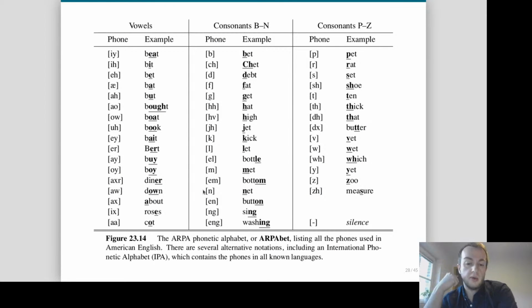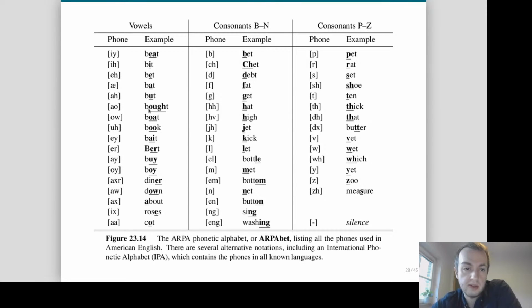Depending on the language, you may have different phonetic alphabets or phonetic dictionaries. You have languages in which you have some phones, but in other languages you don't. That really depends on the language.